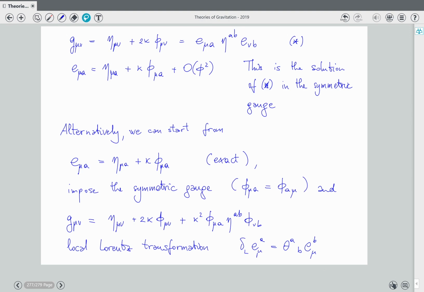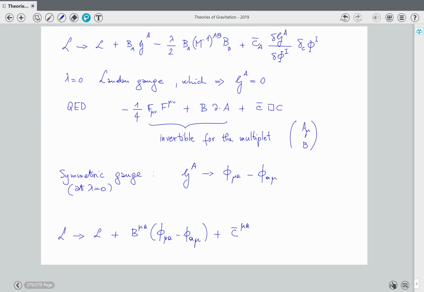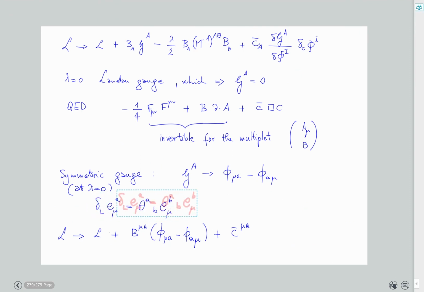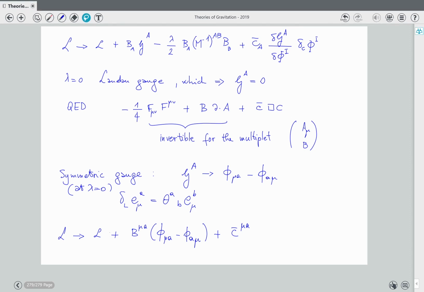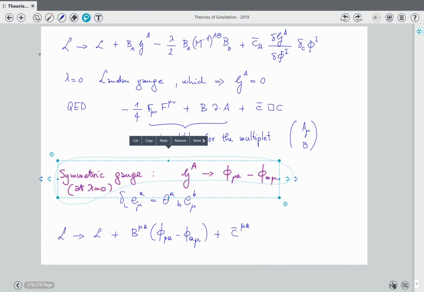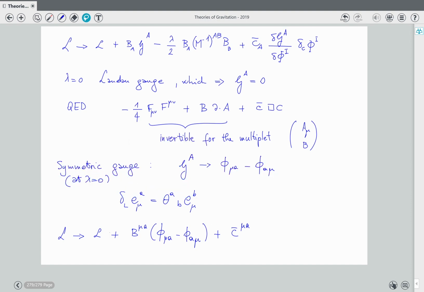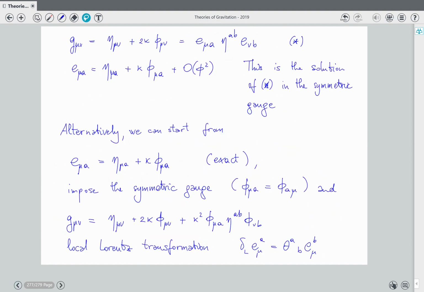E is eta plus kappa, etc. Let's write it to the lowest order, because it's enough for our argument. So basically, yes, we have this flat space expansion.